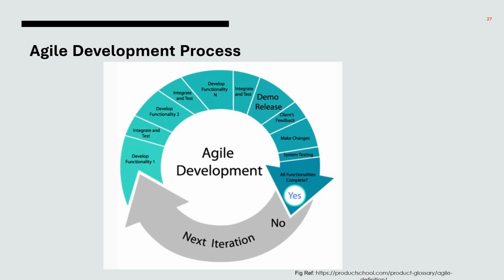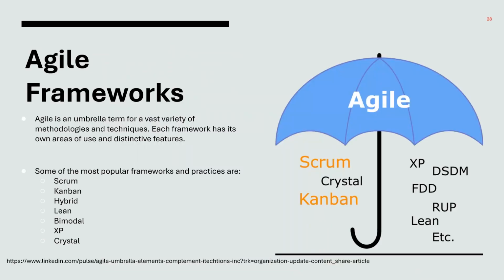And next, moving to agile frameworks. Agile frameworks have various methods and are used to apply agile values and principles during development. These methods are called frameworks.